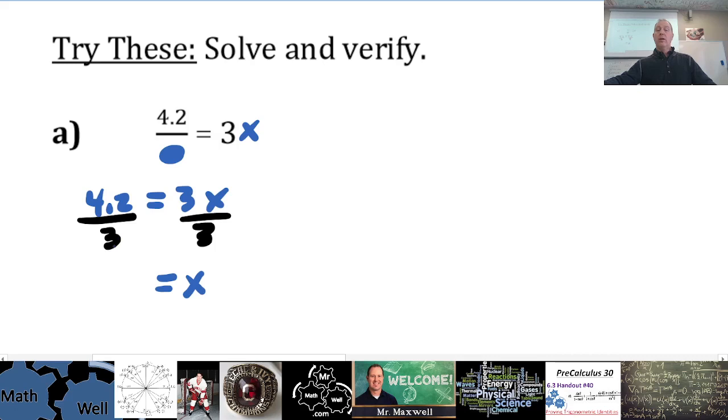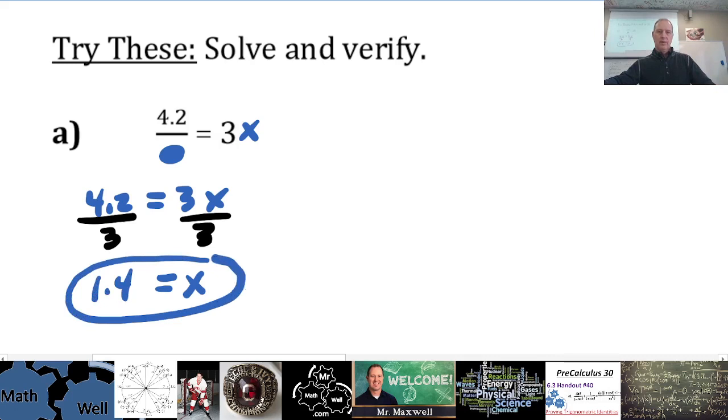Okay, what did I hear? 1.4. So 3 times 1 would be 3, 3 times 0.4 would be 1.2. So 3 plus 1.2 is 4.2. So 1.4, yes, is correct.